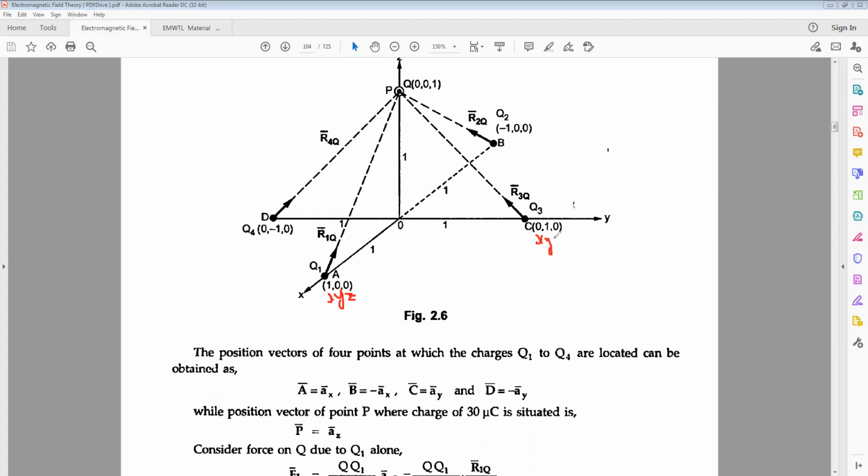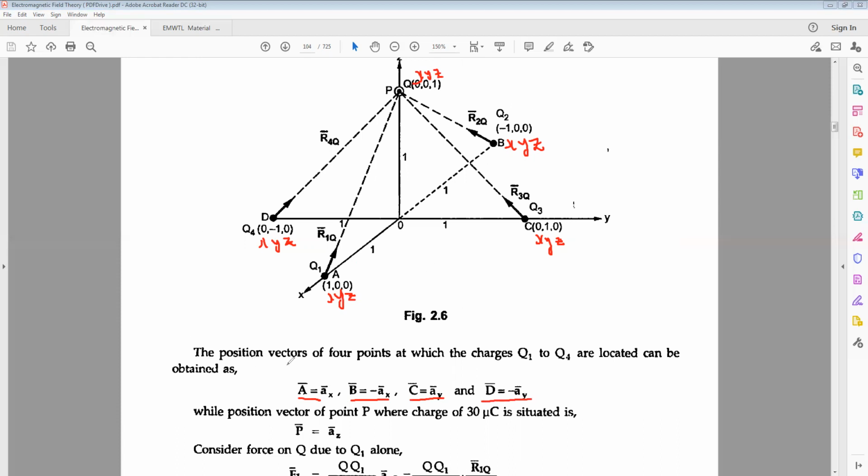Similarly for the other points. At point A there is only the AX bar, and at Q2 also the X term only, so minus AX bar. At C there is no X and Z, only Y, the AY bar, that is positive, and at point D there is no X and Z, only Y, that is minus AY bar.